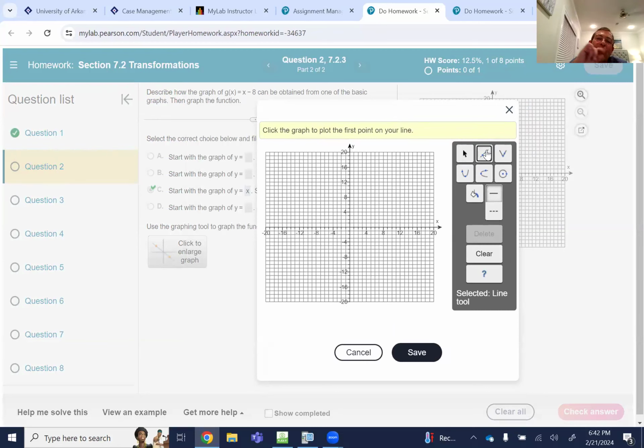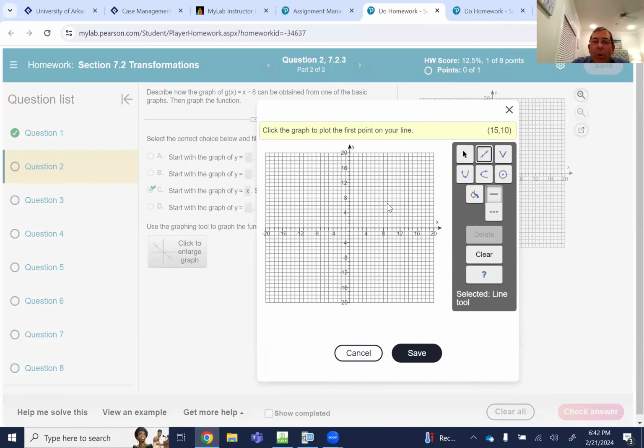So y'all, if I made that x is 0 and put it on my table, when x is 0, y would be 0 minus 8, which is negative 8. So I would plot my first point at 0, negative 8 down here and click that. Now, what if I made my x 8? If I use 8 for an x, that gives me 8 minus 8, which gives me 0.